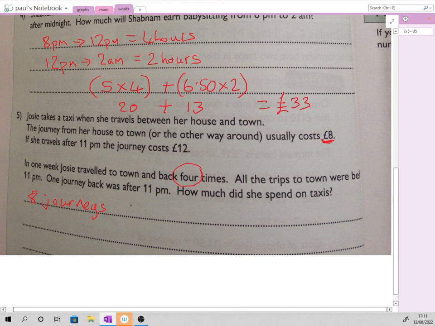So we've got 7 journeys times £8 plus one journey times £12. So 56 plus 12 is £68.